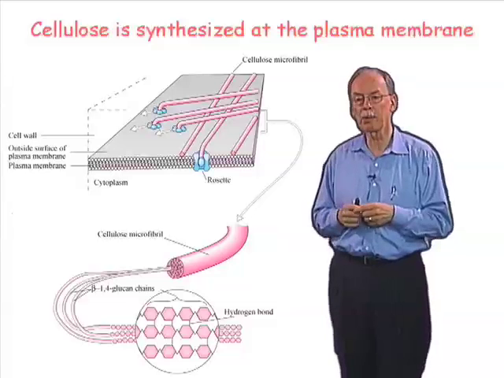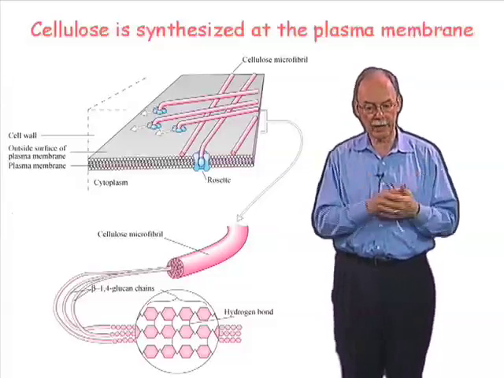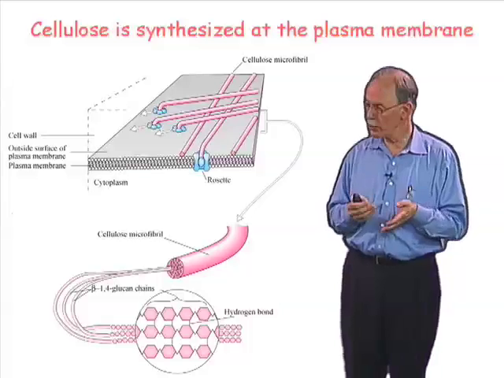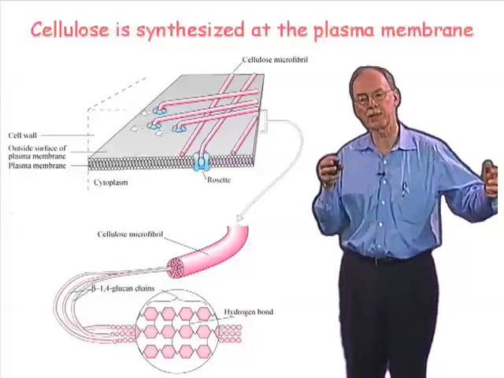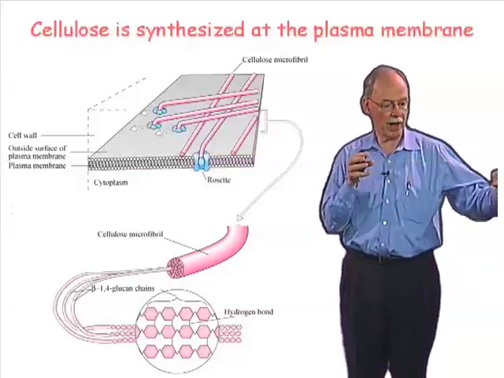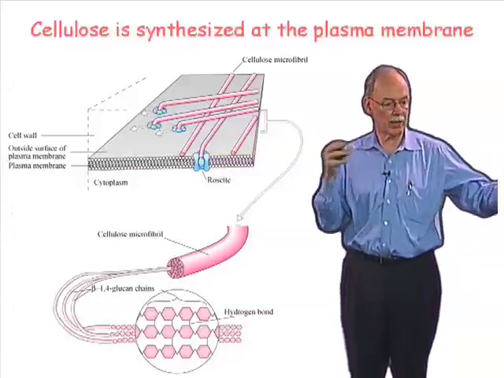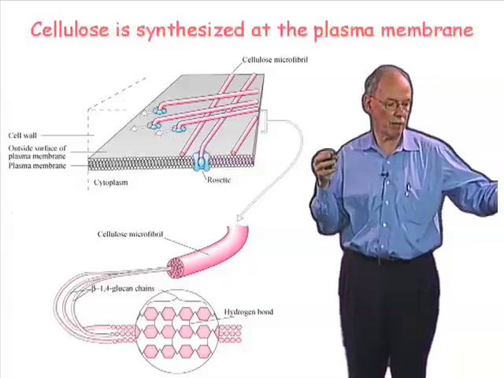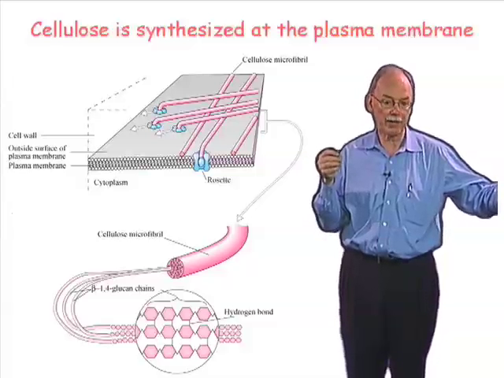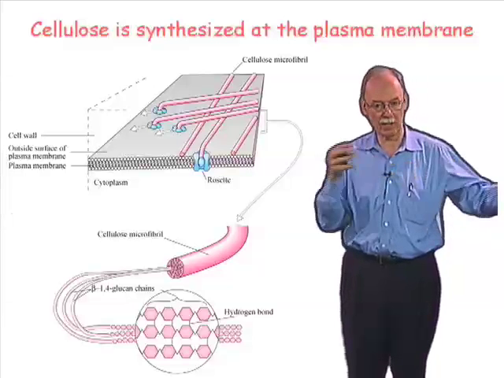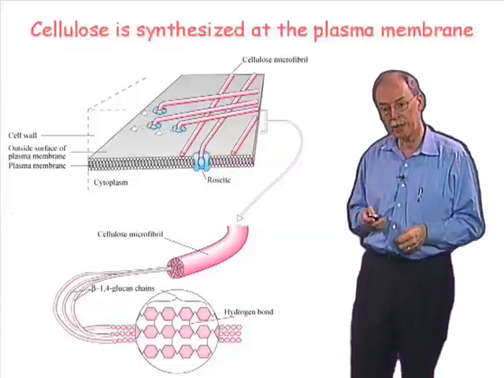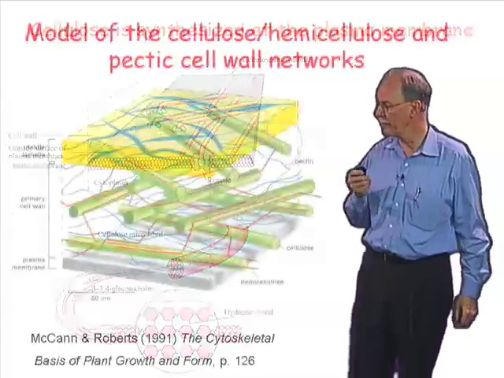In addition, these fibrils are very big. Work from our lab has shown that the complexes can make about 350 nanometers a minute of these fibrils. They make chains that are in full length up to 12 microns in length. So I guess that's about 14 or 15,000 individual sugars per chain. So they're pretty big molecules as these things go.